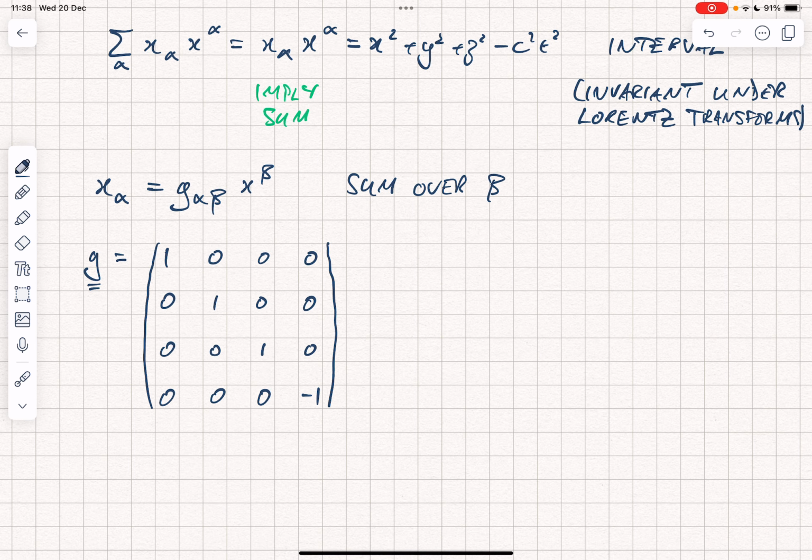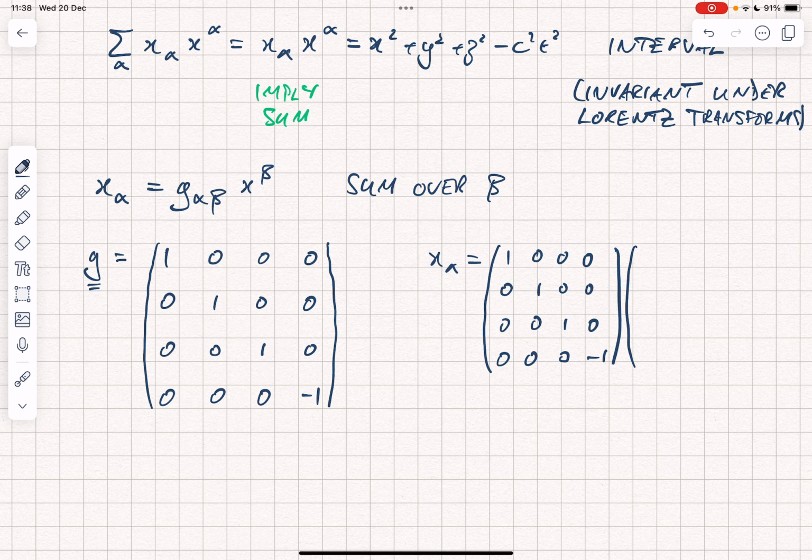Let's write out that transform for X alpha explicitly. So we've got 1, 0, 0, 0, 0, 1, 0, 0, 0, 0, 1, 0, 0, 0, 0, minus 1. I really should put my brackets in after I finish the matrix, because that way I know how big to make them. And that's going to act on the components of X superscript beta, which is X, Y, Z, and CT.